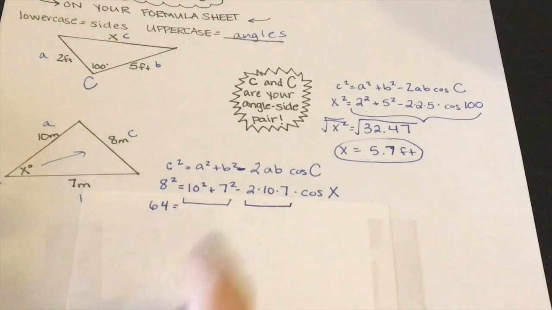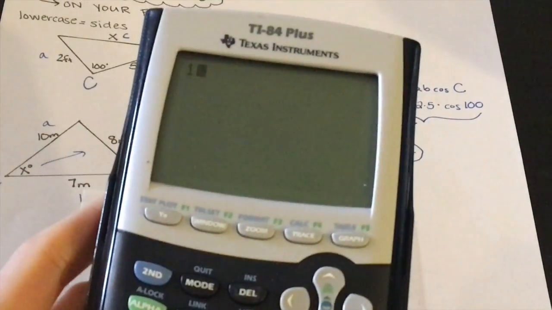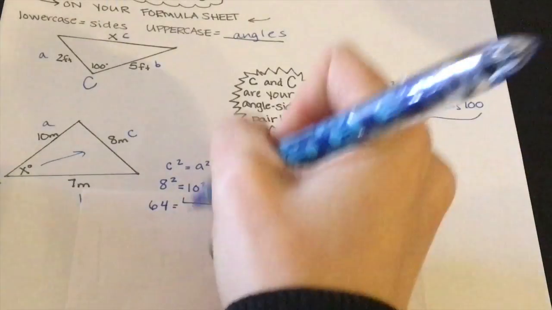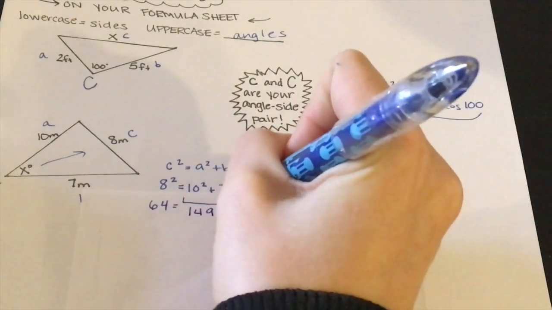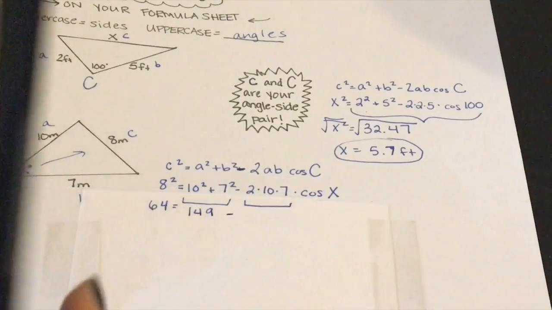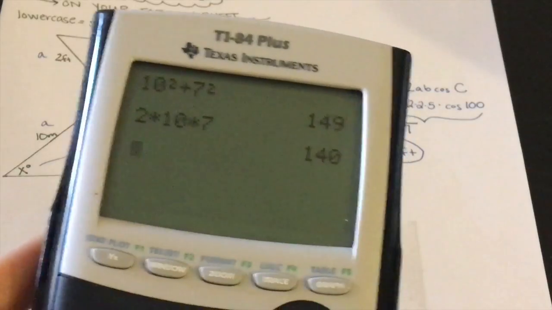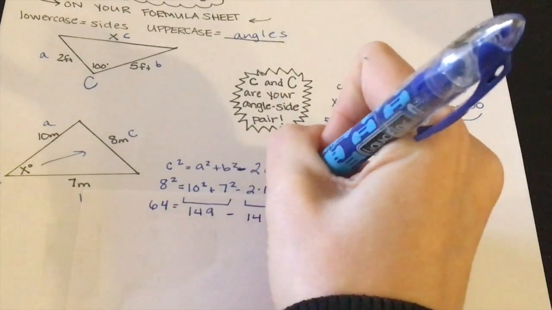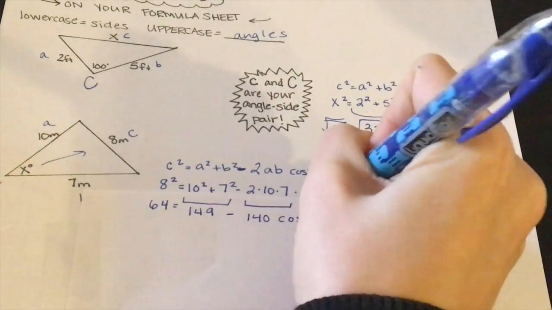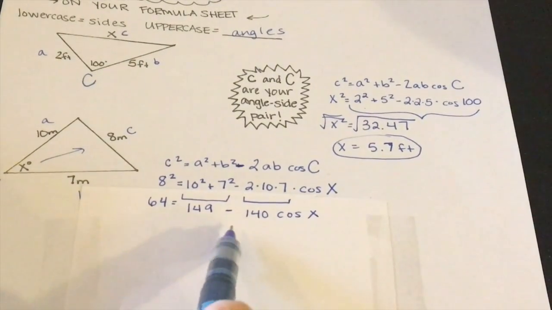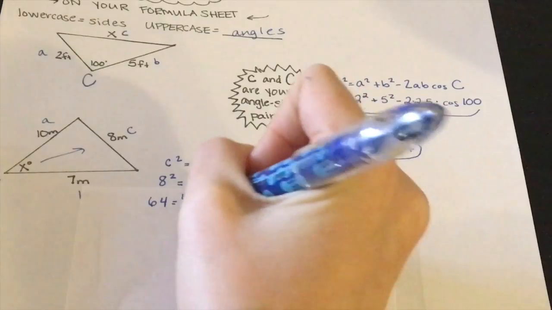So 10 squared plus 7 squared will give me 149 minus 2 times 10 times 7, 140 cosine x. Okay, so I will subtract 149 from both sides.